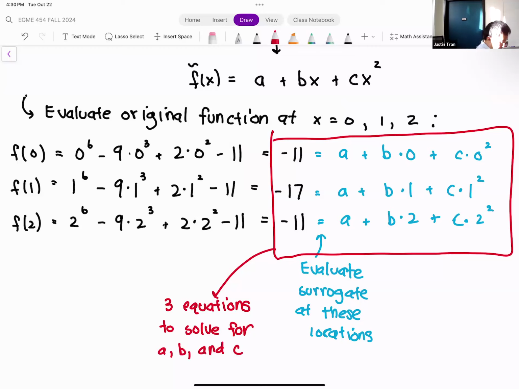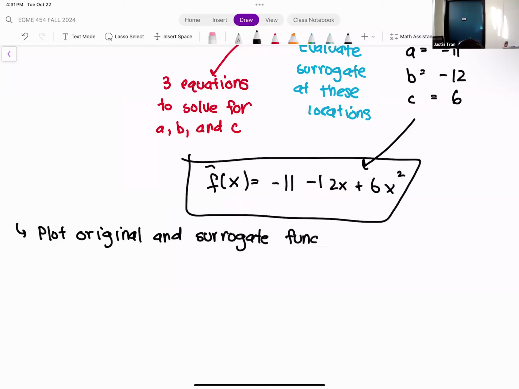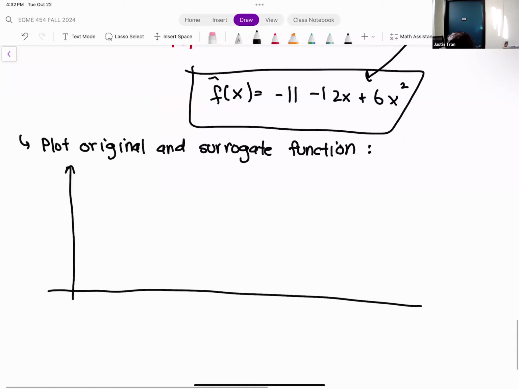Okay, so just for fun, we can plot these. And if we plot these two, ideally these two functions should look similar: the original function and our surrogate.